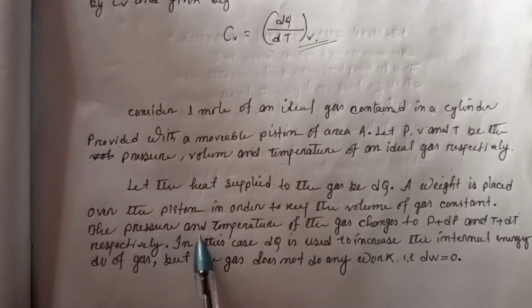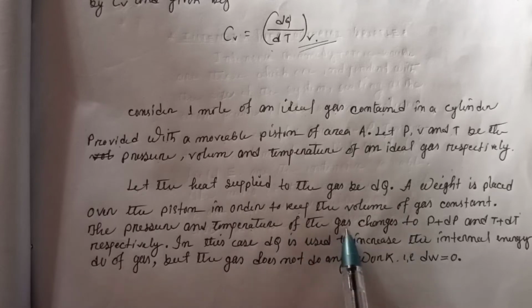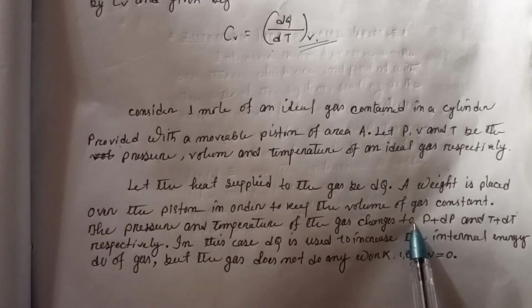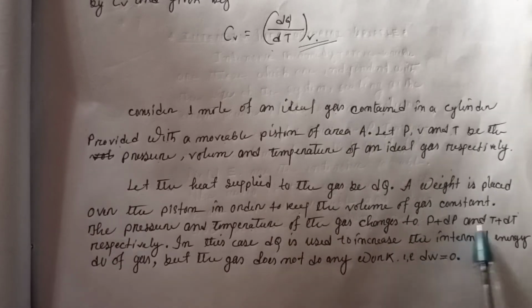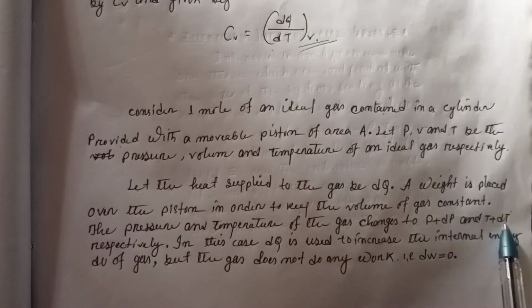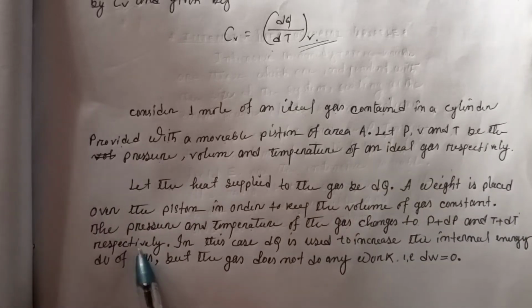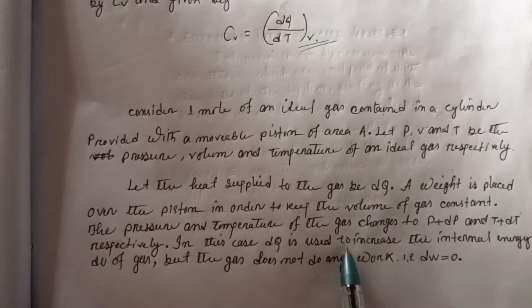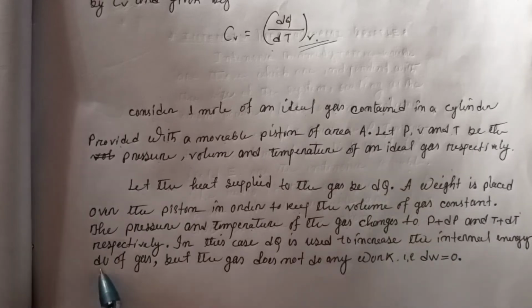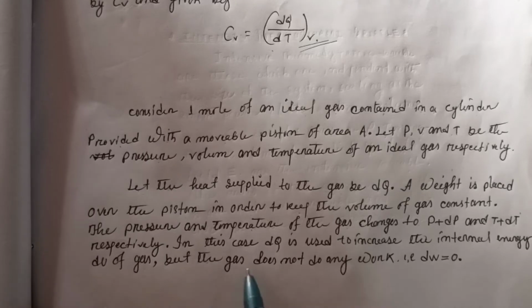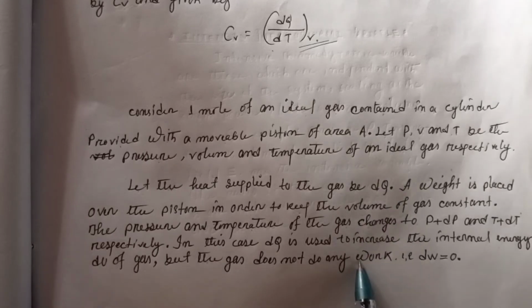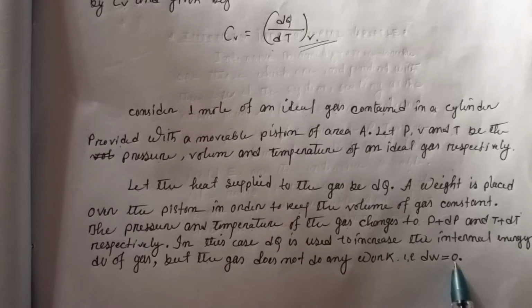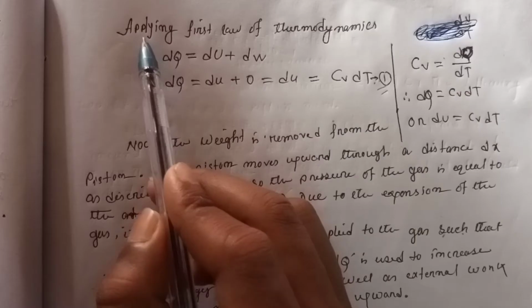The pressure and temperature of the gas change to P plus dP and T plus dT respectively. In this case, dq is used to increase the internal energy dU of the gas, but the gas does not do any work, that is dW equal to 0.